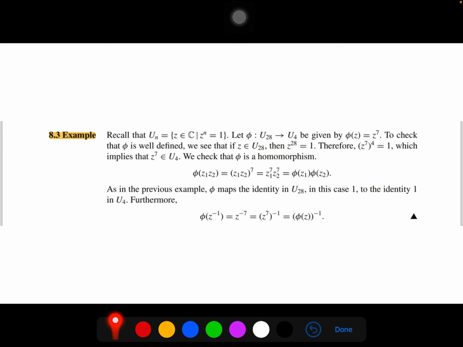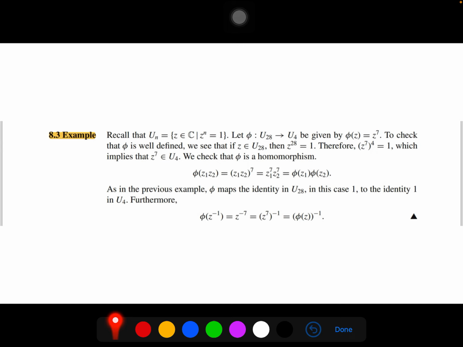So as in the previous example, we say that this phi here is a group homomorphism. Again, you can see that it is not an isomorphism because, of course, it is not one-to-one and onto. U28 has 28 elements, U4 has only 4 elements, so you cannot have a one-to-one and onto mapping. Anyway, it satisfies the homomorphism property, which is good.